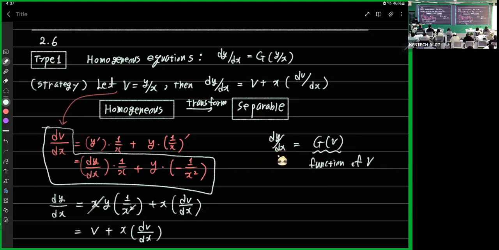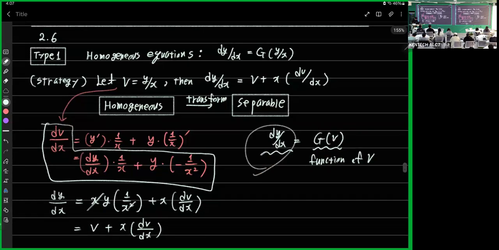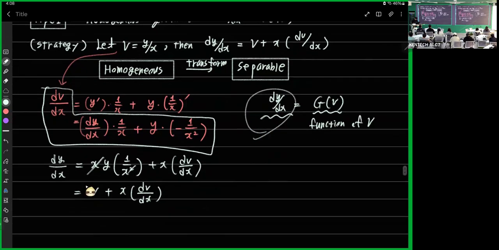The derivative of a function of y with respect to x cannot equal a function of v. We have to unify the variables. If this is something of v, we have to re-express the left side in terms of v, so we need to take the derivative of v with respect to x.